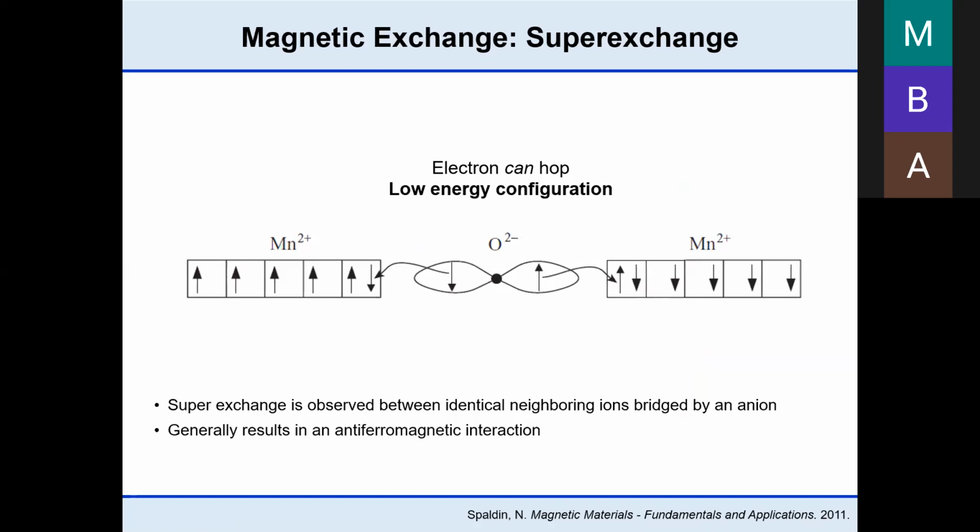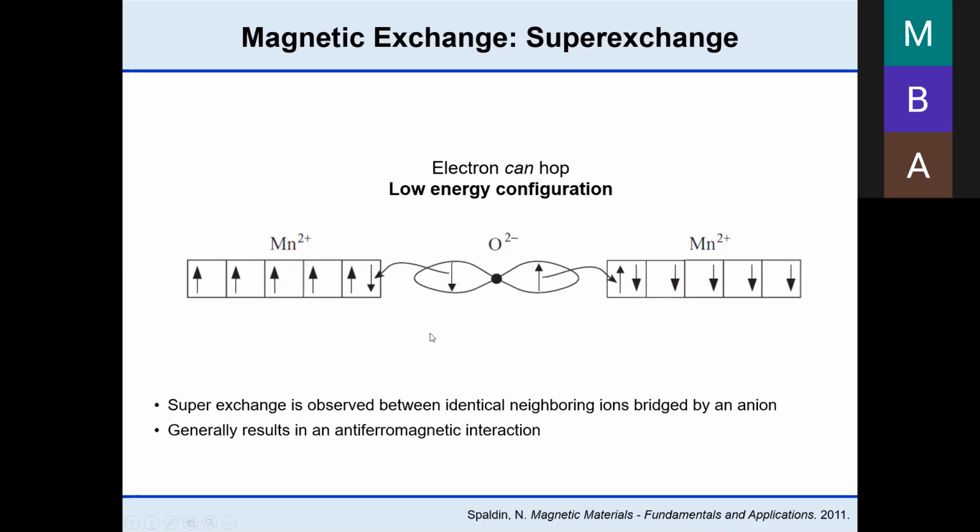Shown here is just that for manganese oxide, where you can envision we have two possible spin configurations, where either the manganese atoms have their spins lined up in parallel with one another or anti-parallel with one another.